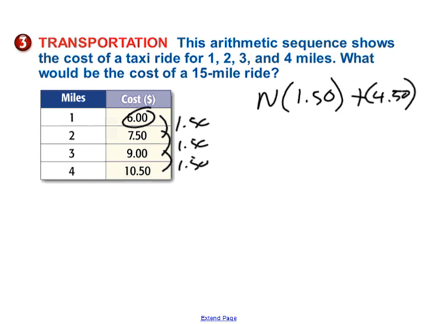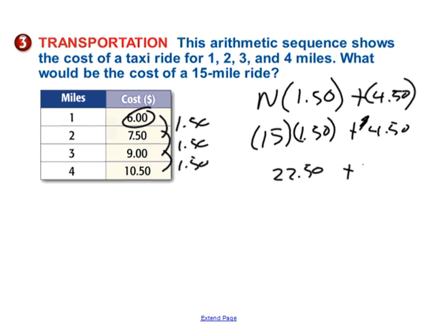So for a 15-mile road trip, 15 times 1.50 plus 4.50. 15 times $1.50 would be $22.50, plus 4.50 would be $27.